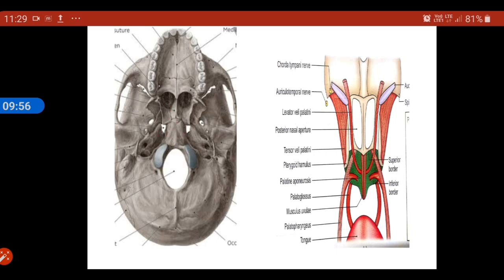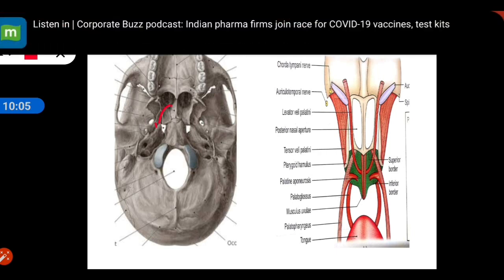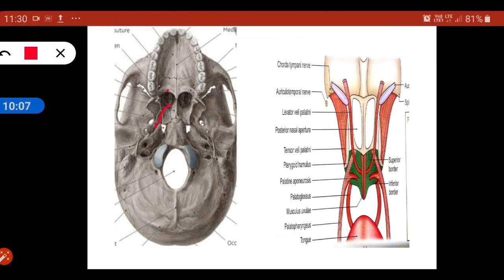So that was about the levator veli palatini muscle. Not to forget that levator veli palatini muscle will be inserted in between the two fascicles of palatopharyngeus muscle. So with this, we have discussed the levator veli palatini muscle and tensor veli palatini muscle.